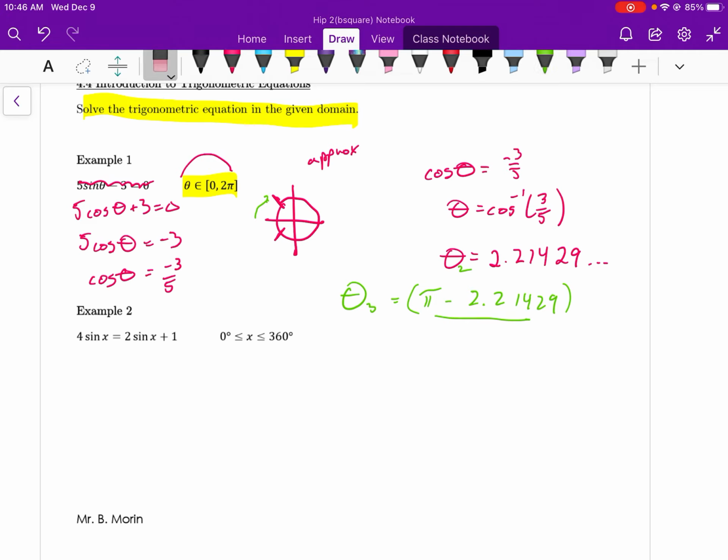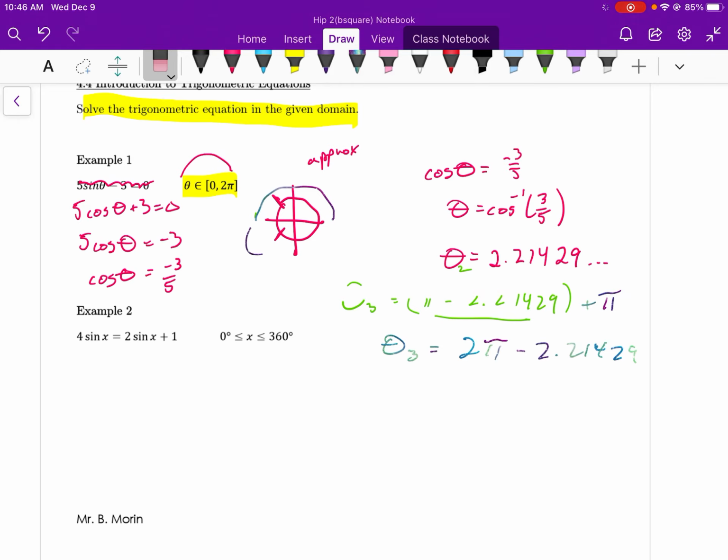So what I have to do is go pi plus this amount. I'm just going to add pi to the distance I am away from the x-axis, and this ends up being 2 pi minus 2.21429, etc. But I'm going to try to stretch your thinking just a little bit.